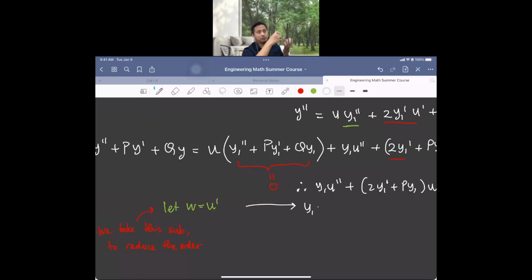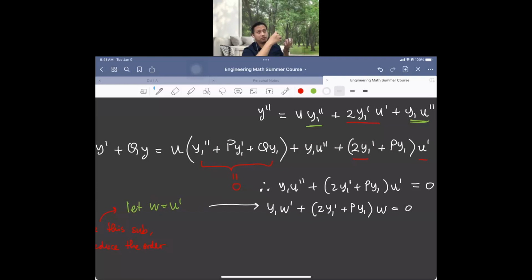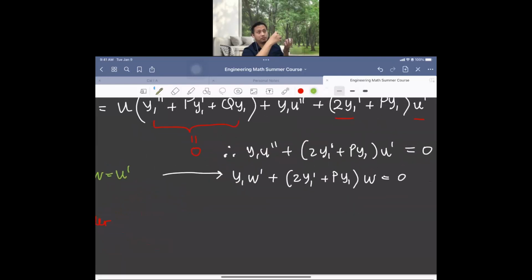Okay, so this becomes w prime plus 2y1 prime plus by1, and then u prime becomes w, equal to 0. Now we can separate this.